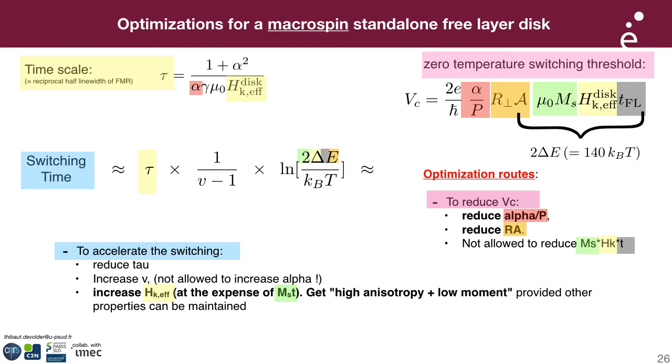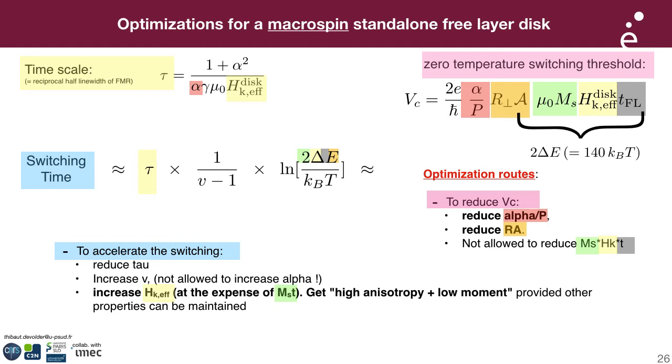But the time scale of the switching is not the only thing you're interested in, because you have to co-optimize the switching voltage and the switching time. So if you wanted to reduce this switching time, you would like to reduce this natural time scale, but this would mean increasing alpha, which is forbidden by the optimization of the switching voltage.